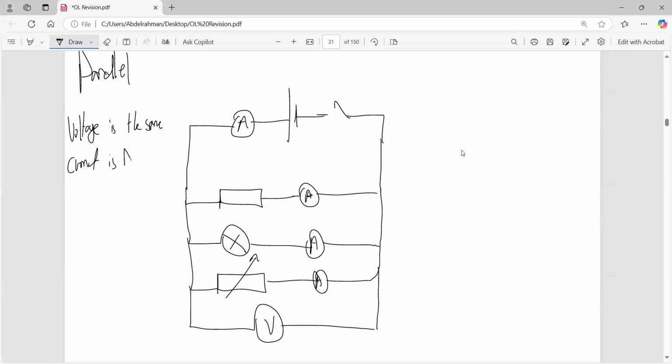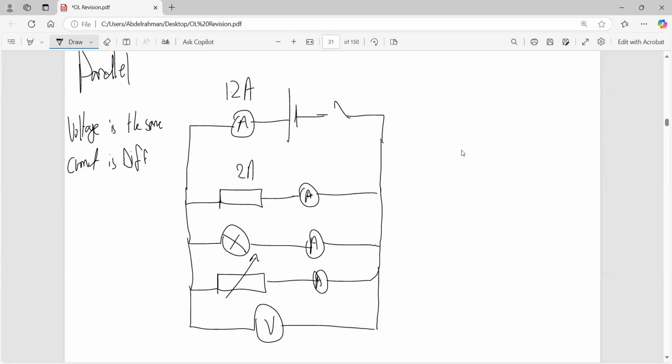The current is divided. It's different. Again, current doesn't have to be equal in each of these branches. For example, if the total current in this battery, in this circuit was 12 amperes, what happens to the current in each of these branches? The current has to be less than the total current.